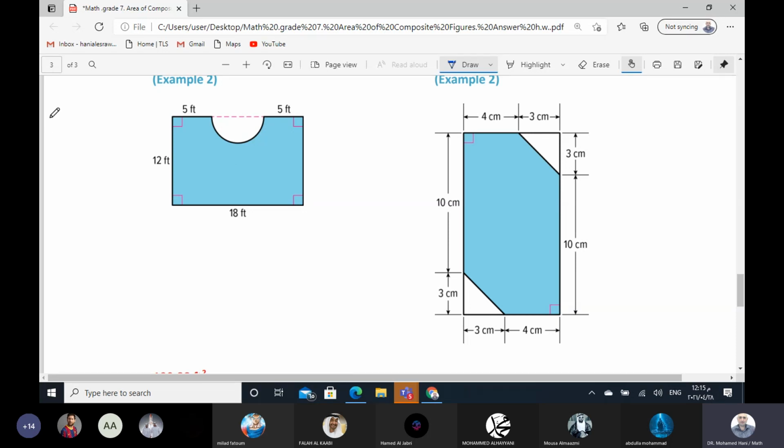So as the first, I will find the area of the rectangle. The area of the rectangle will be length times width, means 18 times 12.